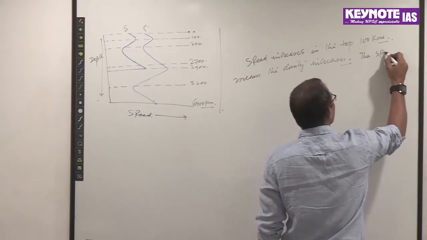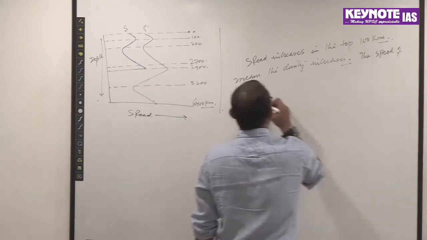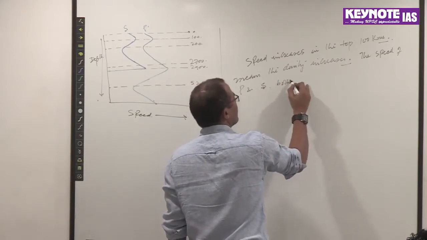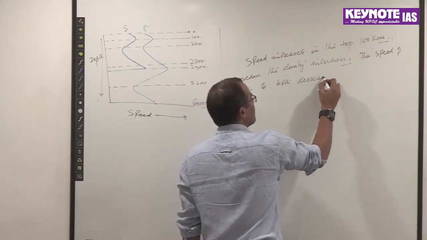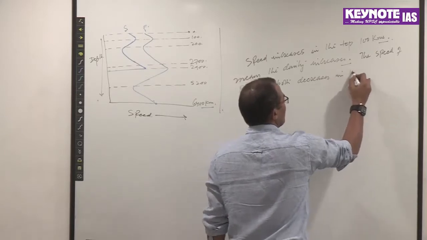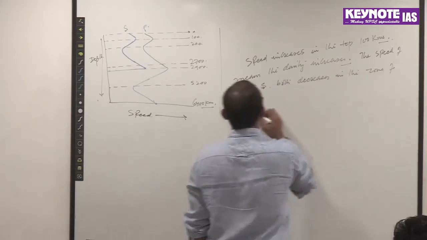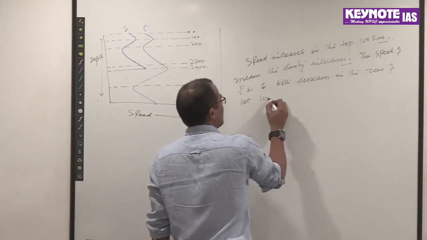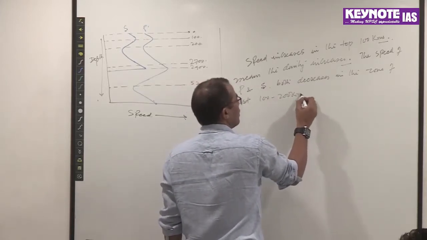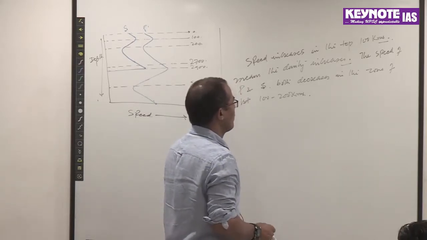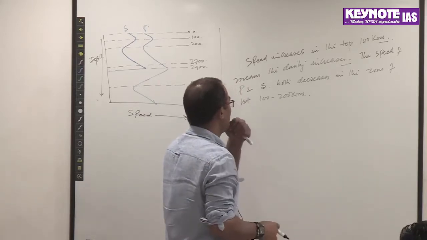The speed of P and S both decreases in the zone of first 100 to 200 kilometers. Right?